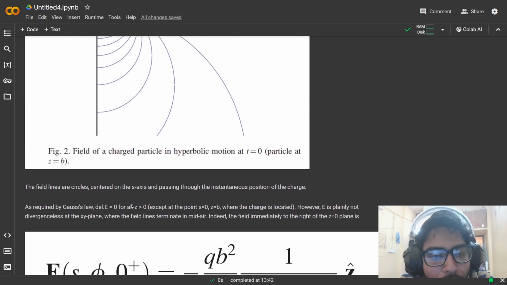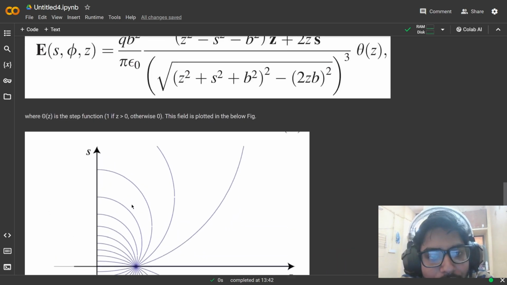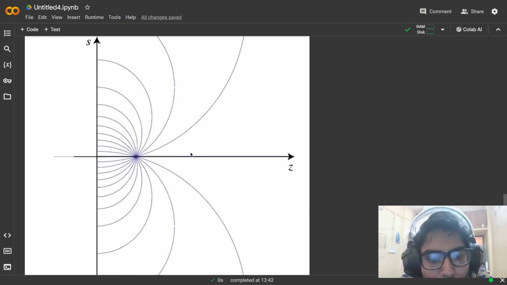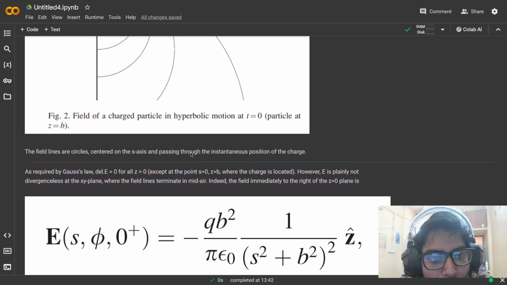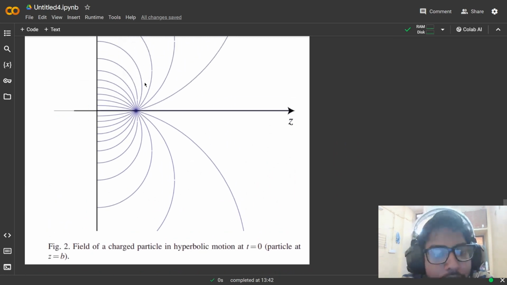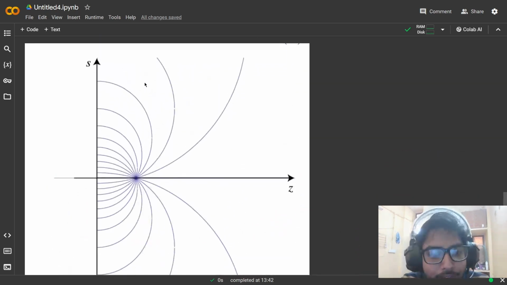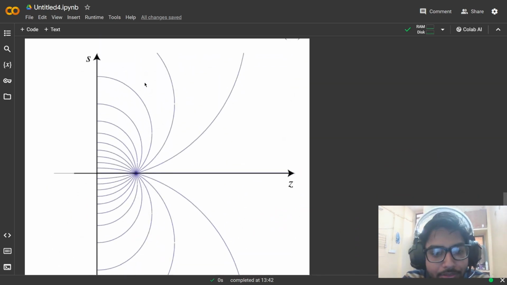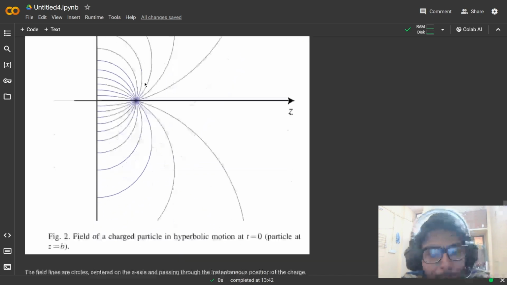Due to the small distance we consider, we just put z equals 0 here, and we find this electric field. And we consider a Gaussian pillbox, an imaginary Gaussian cylindrical surface straddling the xy plane, centered at the origin with radius r.